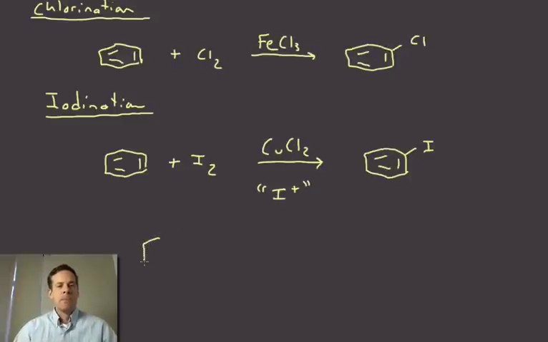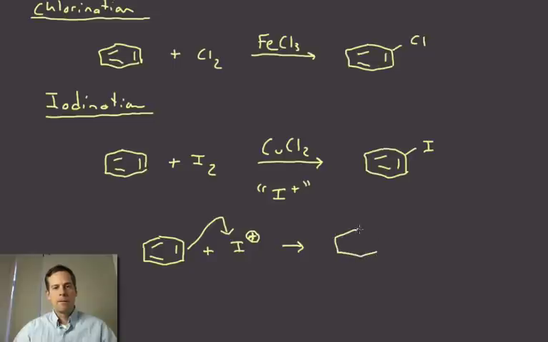Okay, so what we could draw mechanistically here is, and so this is going to look exactly like all of the other two mechanisms. We generate I+, okay, and then the aromatic ring can attack that I+ to give our familiar intermediate.